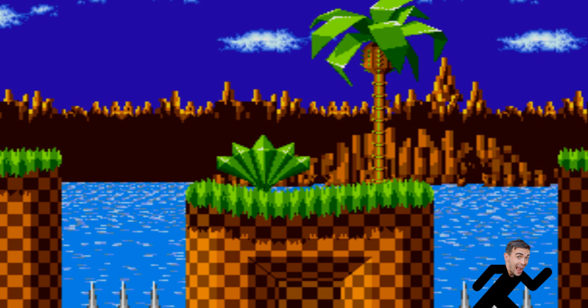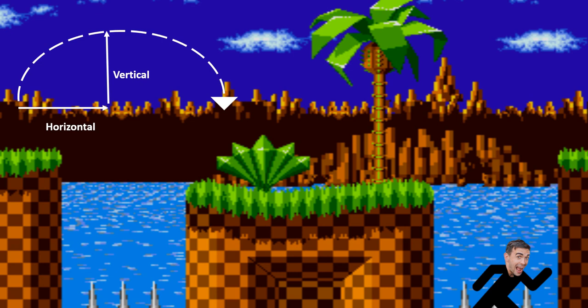Now, if we were to plot the area that I covered when I jumped here, when I was clearing this first set of spikes, and not so successfully on the second set, you would see that I created this curved shape as I jumped through the air. And you can break any point of this down into its horizontal and vertical components.